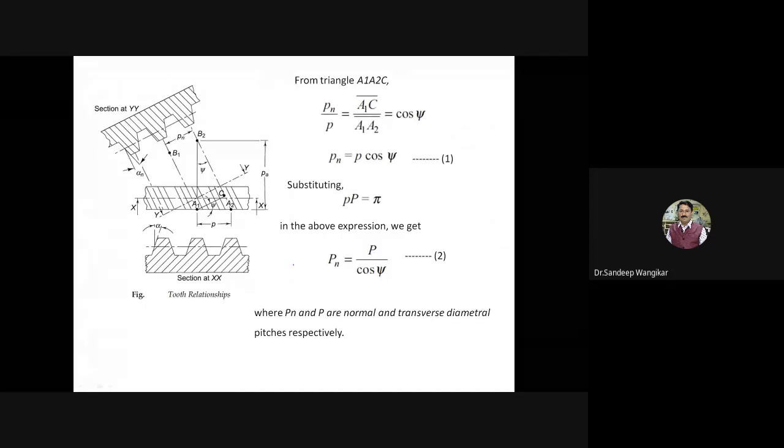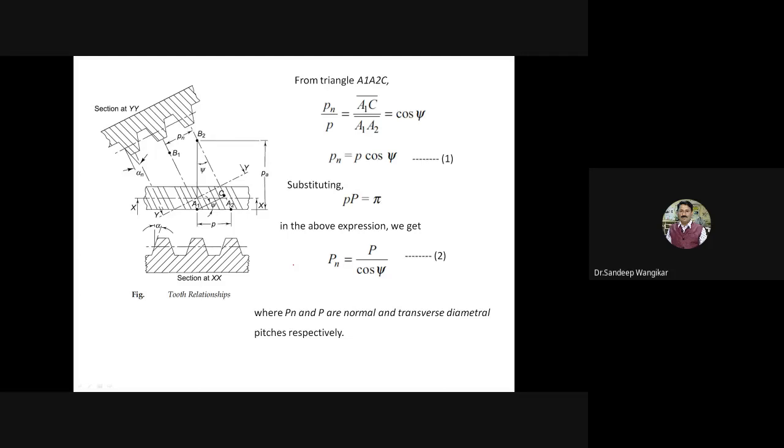And now, all the things I have explained, just draw the diagram. I will give you 3-4 minutes for drawing. Then we will go for writing the tooth proportions one by one. So let me know after your diagram is over. So draw the diagram, give the heading terminology.